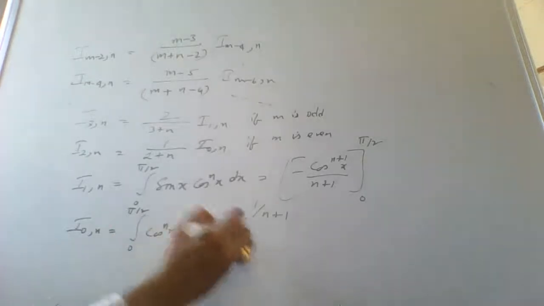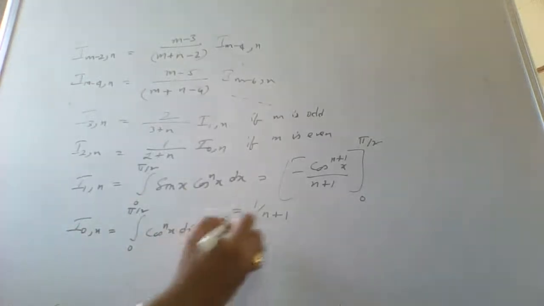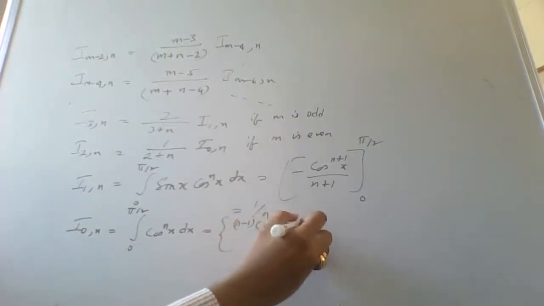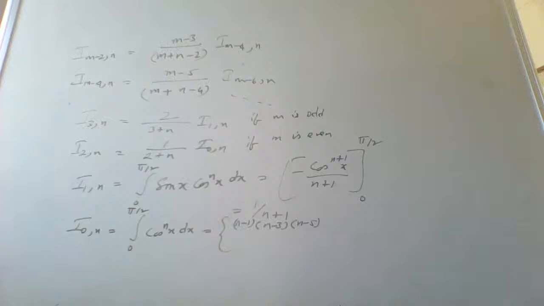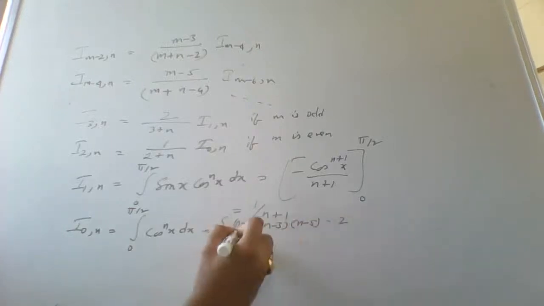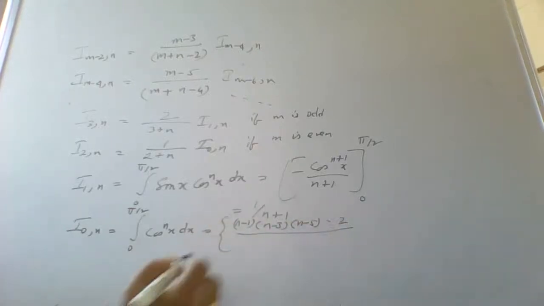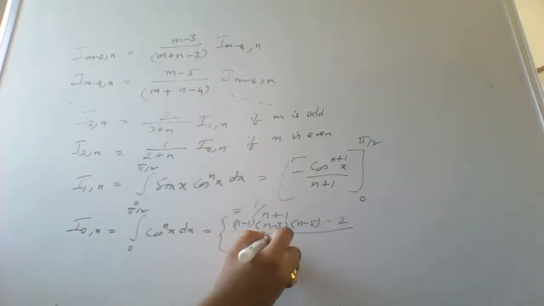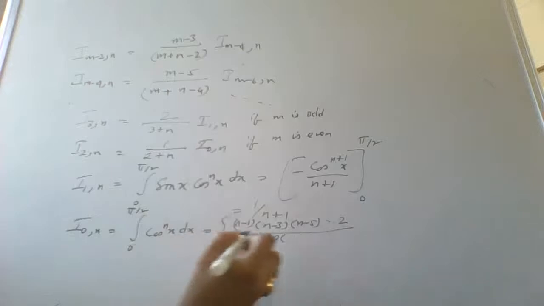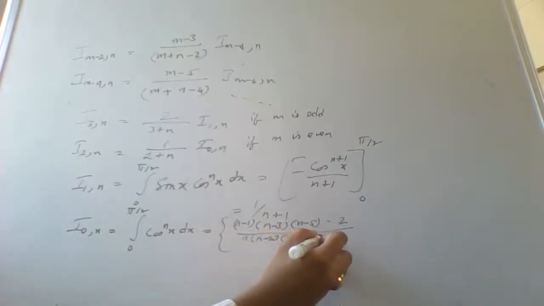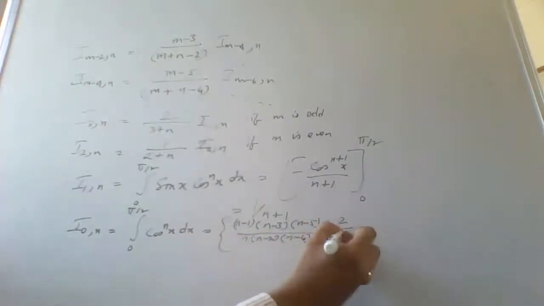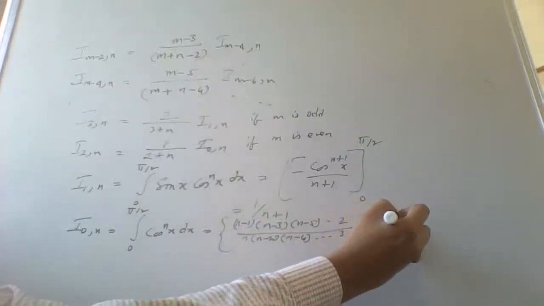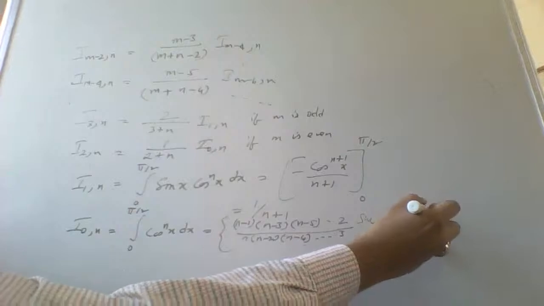So we have already found that, that is n minus 1, n minus 3, n minus 5, into 2 divided by n into n minus 2, n minus 4 and 3, when n is odd.